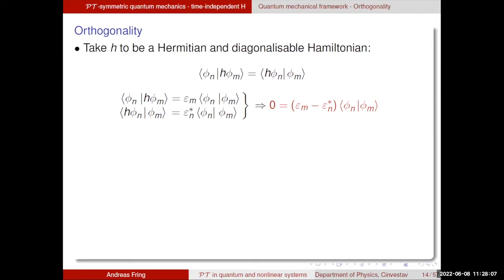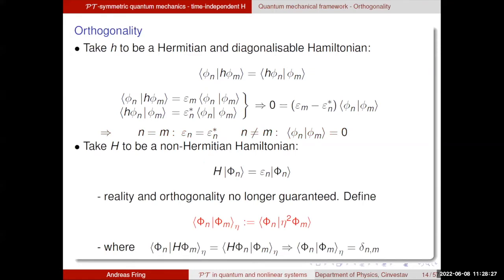And you can see here easily that if n is equal to m, then we guarantee that the energies are real, and if n is not equal to m, then we have that these states are orthogonal to each other, and then are normalized and so on.